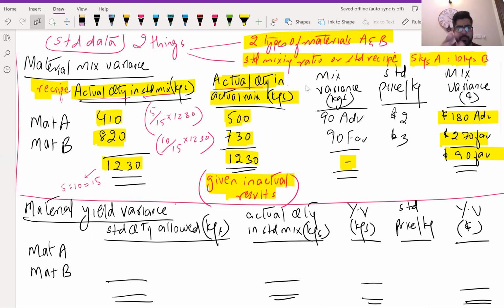Don't copy at the moment. Yield is easier than mix. Once you complete yield, I will give you time to copy, and then you will do question number 2 on your own.